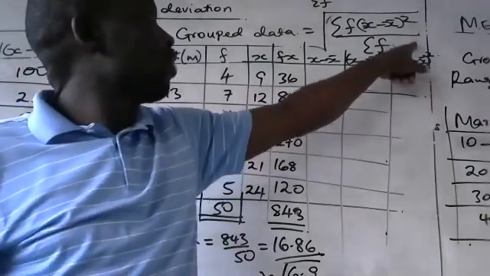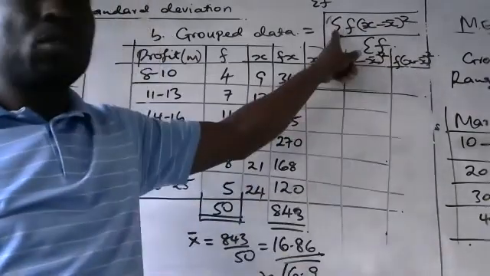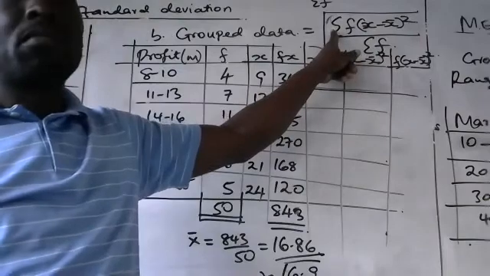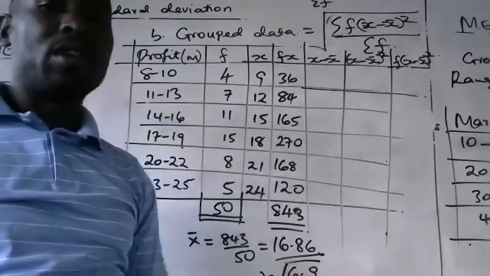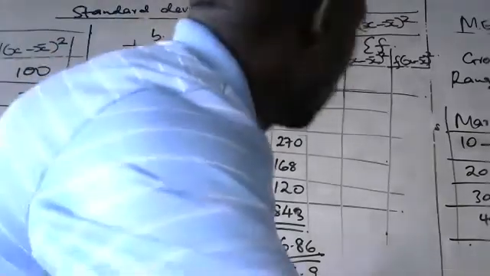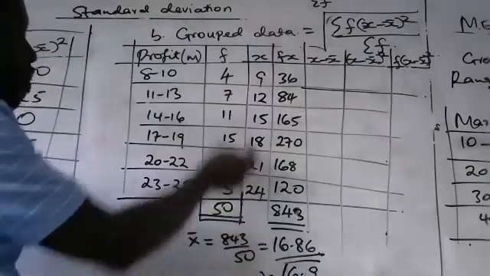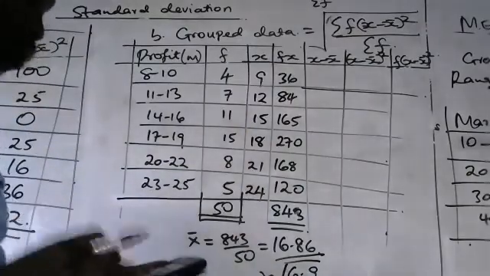Then the values that are going to fall in this particular column, we shall sum them because the formula says we sum those particular values down the table. Our x, remember we said we use our midpoints that we had computed.